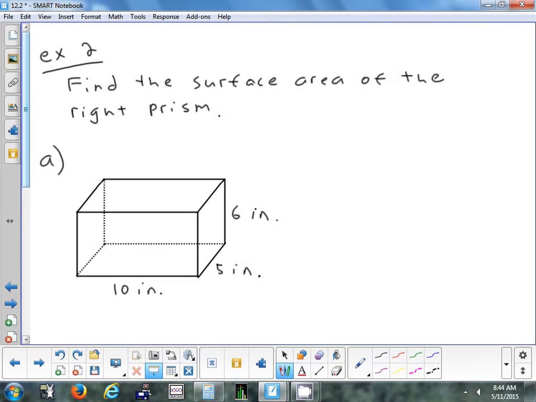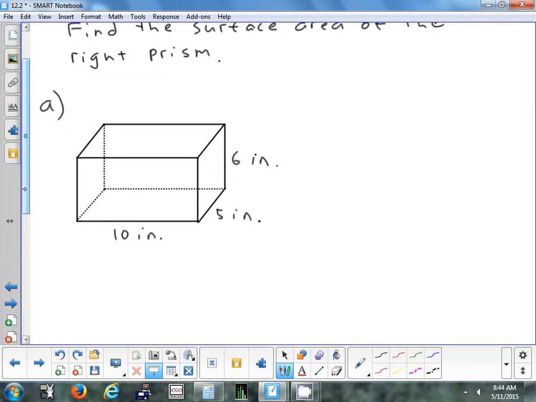Okay, so let's take this. We'll find the surface area, but this time we're going to use a shortcut. Okay, let's call this the base, and let's call this top side the base. So I tried to shade in the two bases.